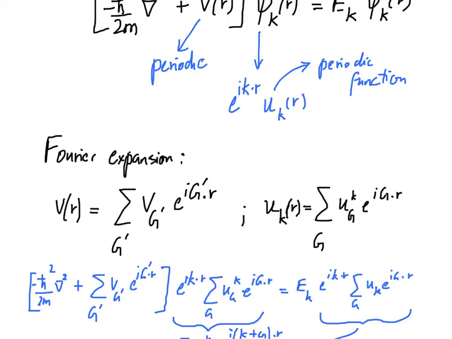So the first approximation we are going to make is that we truncate the series to such an extreme extent that the only terms retained in the two sums are the zeroth order term, the G equals 0 term. So in this summation we retain only the G prime equals 0 term, and in this summation we retain only the G equals 0 term. Essentially the first term of these two sums.